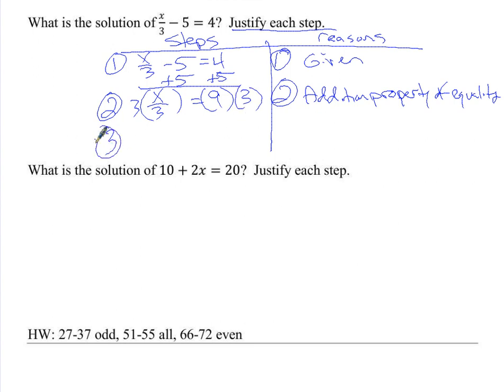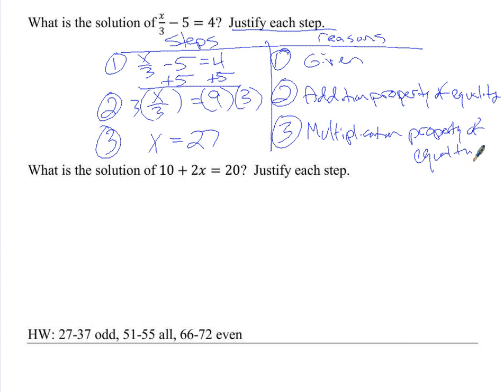So for step 3, I will write x equals 27. And the reason that allowed me to do that, good. We multiplied, so that's the multiplication property of equality. And we have our answer, so we're done.